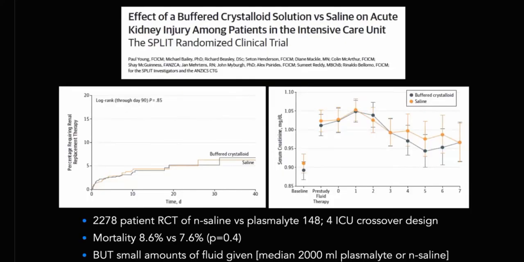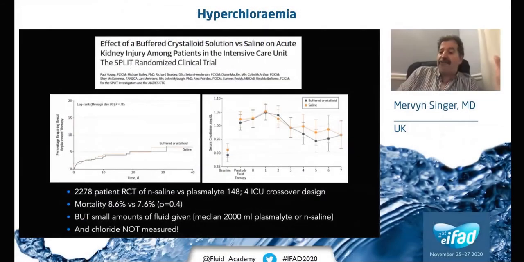And then the prospective trials started coming through. This was the SPLIT trial from Australasia. Over 2,000 patients randomized to either get normal saline or Plasma-Lyte in 4 intensive care units in New Zealand. There was no difference in mortality. A criticism of the trial is that in total, relatively small amounts of fluid were given, on average about 2 liters of either Plasma-Lyte or saline.